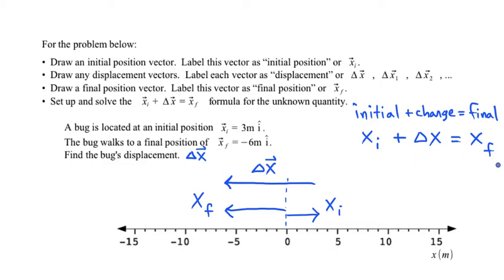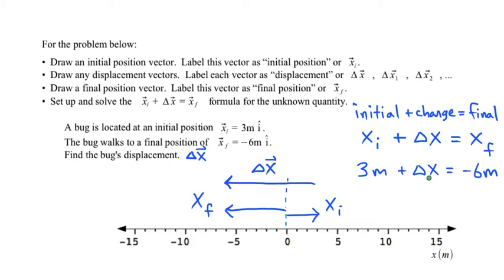Now, in order to keep things concise and use fewer symbols, I'm not going to write them in their vector form. I'll just remove the i's from the quantities. So we'll have 3 meters plus delta x equals negative 6 meters. Just simpler that way.